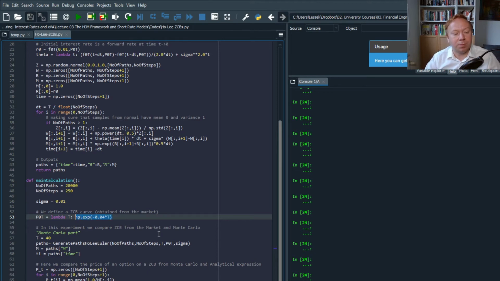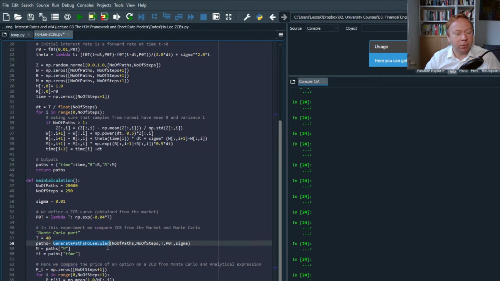You can choose different functions there, for example t squared, then minus 0.01 t, or you can play with this function and try many different things. But for simplicity, I just take 0.04 times t. I choose 40 years as the time horizon.